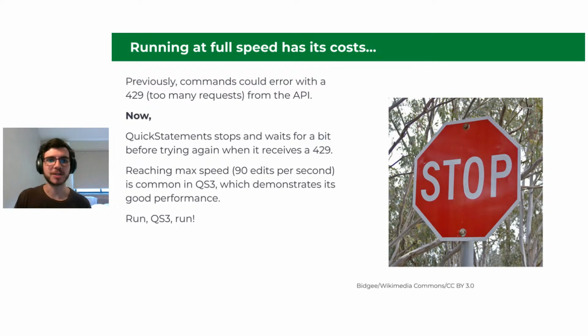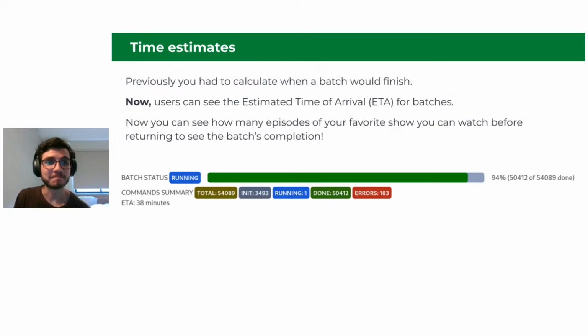So run QS3, run. Time estimates, that's also a nice thing. Do you remember that all batches run in the background, so you can always throw your batch there and close the tab? Previously you had to calculate using that max speed, for example. Now you have the estimated time of arrival, ETA, for batches. So you can see how many episodes of your favorite show you can watch before returning to see the batch's completion.